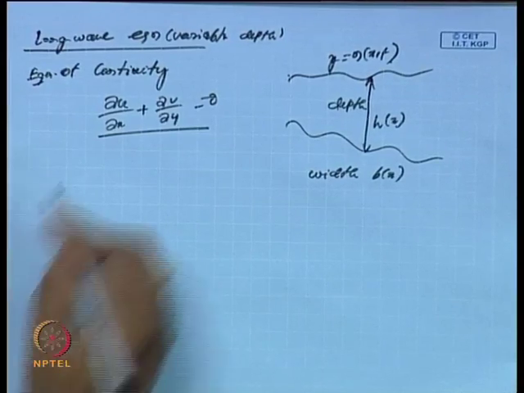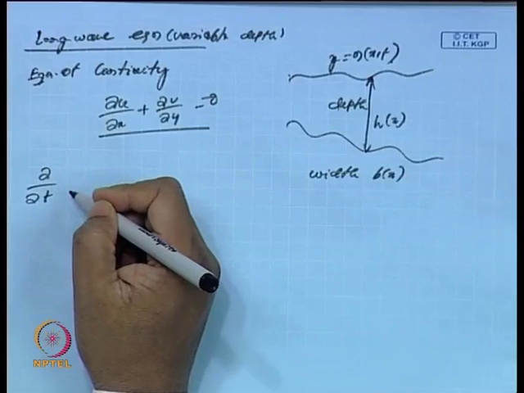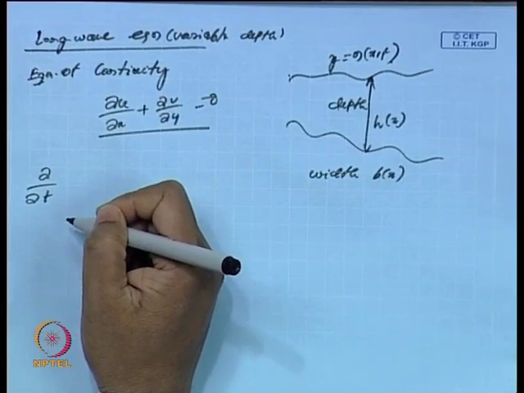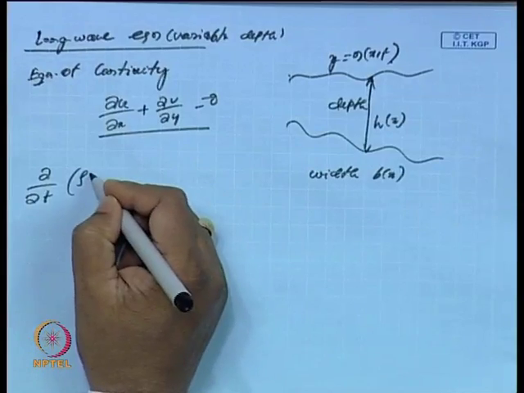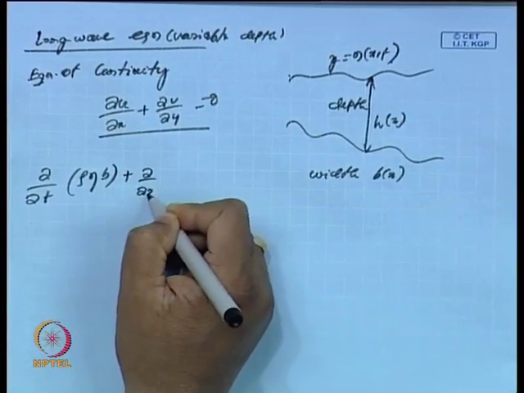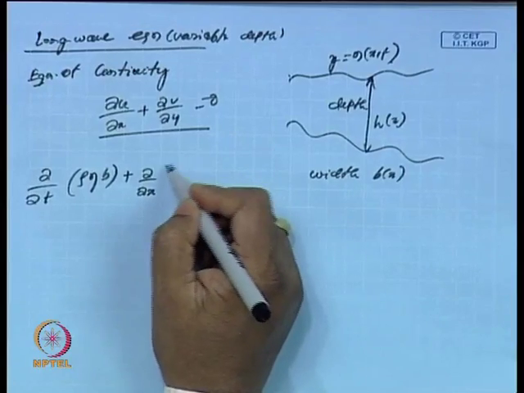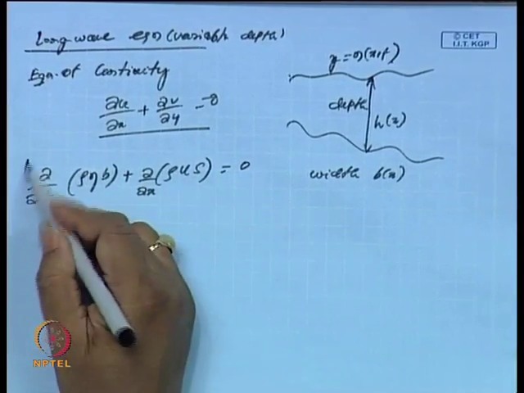In that case the equation of continuity will look like del by del t of rho eta b plus del by del x of rho u s is equal to 0. This comes from the conservation of mass.